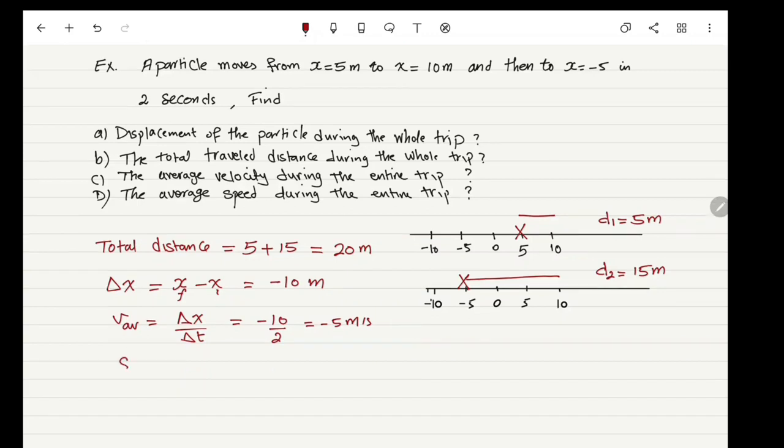And finally, the average speed is equal to the total distance over the time interval. The total distance, as we mentioned here, is 20 meters, and the time is 2, so it's 10 meters per second.